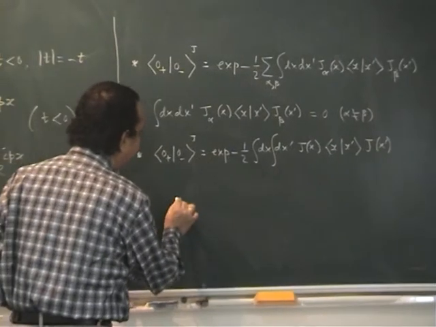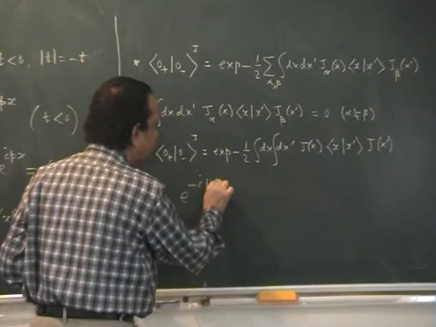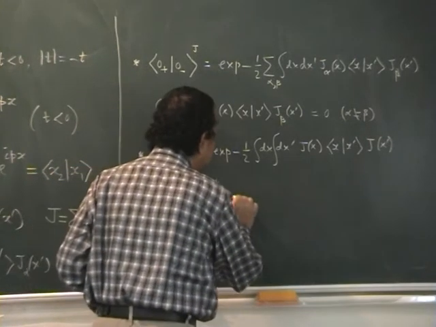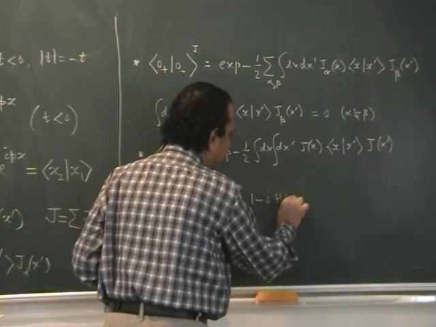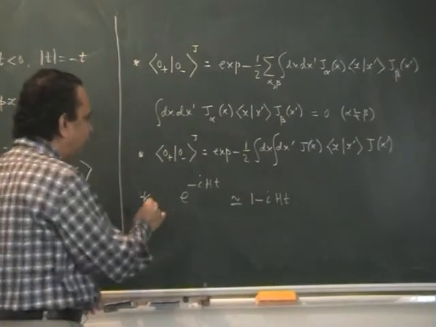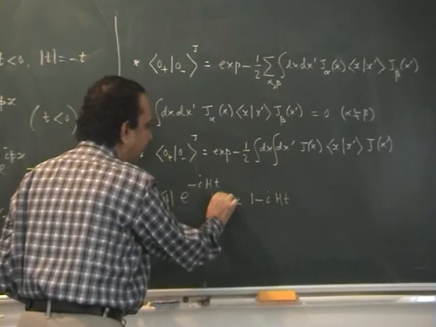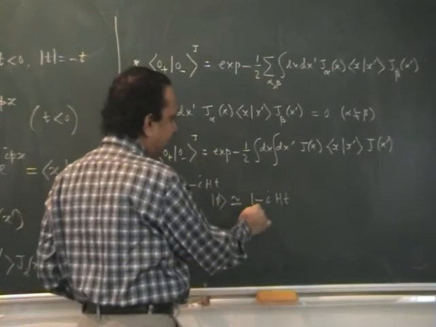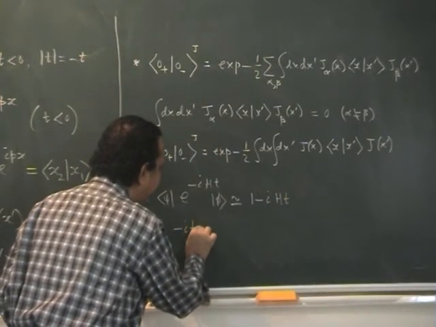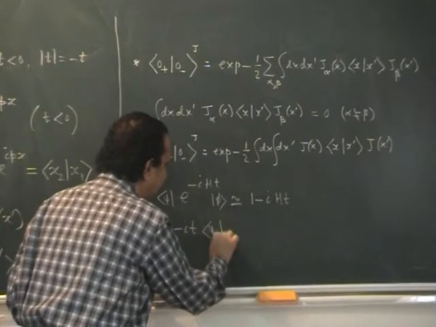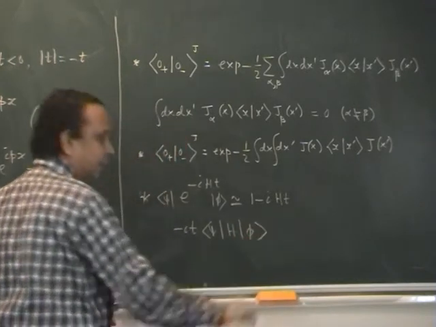See, suppose I have an object like e to the minus iHt, okay, which I am approximating as 1 minus iHt for a small time interval or whatever. Now if I take psi, phi here, I am going to essentially end up getting from this a term which goes like minus it psi H phi. Correct?